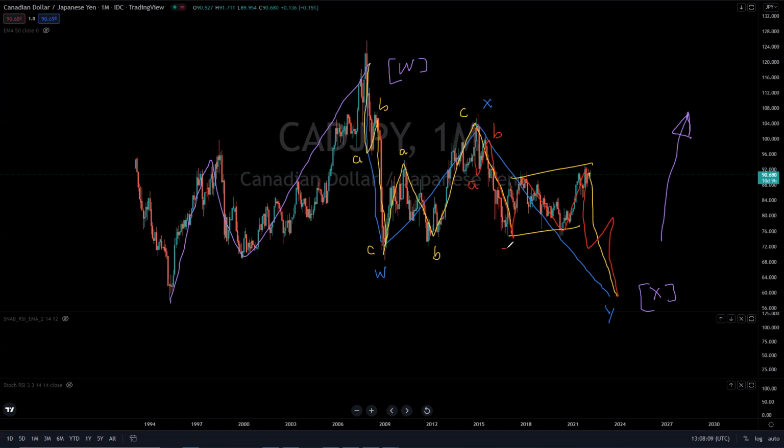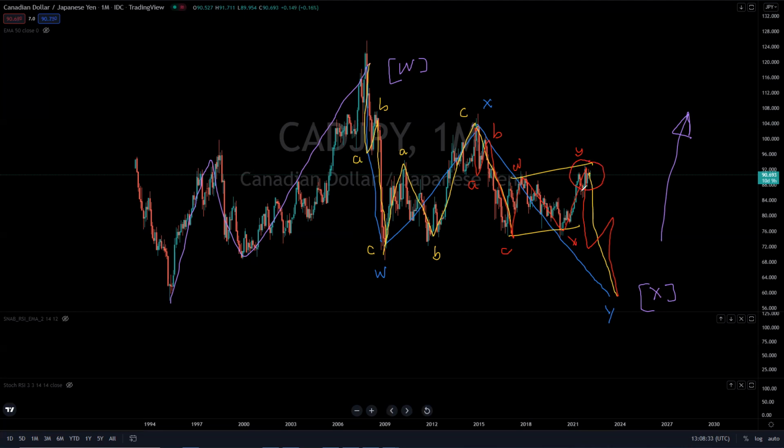A, B, C, yes, W, X, and Y. We can have possibly an ABC corrective structure or a WXY corrective structure. It doesn't matter. But if we are anticipating this leg here, it means we can position ourselves for a trade to the downside at the end of this Y leg here.